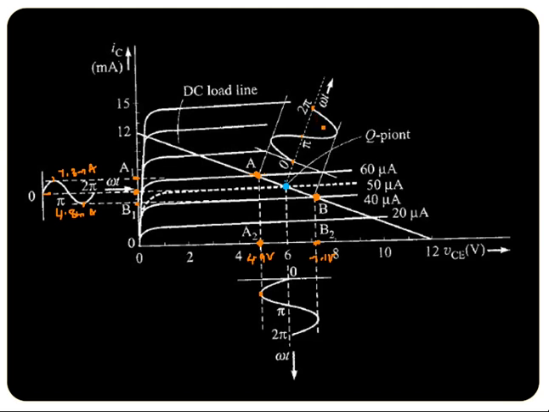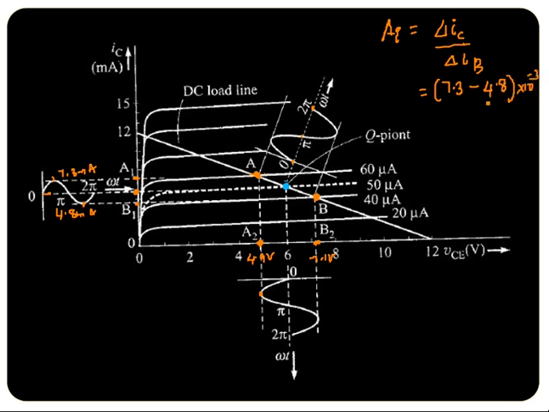You can find out the current gain, voltage gain, and power gain of the amplifier from this data. What is current gain? We define current gain as delta IC, the change in collector current, to the change in base current. What is the change in collector current? It is 7.3 milliampere minus 4.8 milliampere.